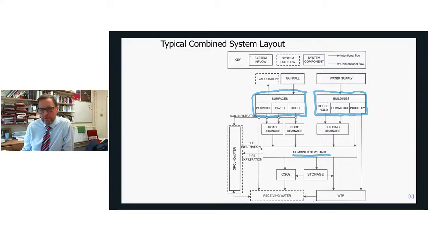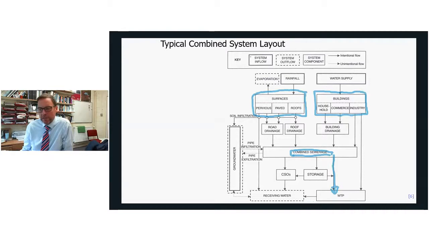Now, some of the rainwater flows will either evaporate, although there's not too much evaporation in the UK, certainly during rainfall events, or it will make its own way to the watercourse, or it will infiltrate into groundwater. But a lot of it will end up in the combined network, and then it's the job of the sewerage system to take that, hopefully, to the wastewater treatment works.